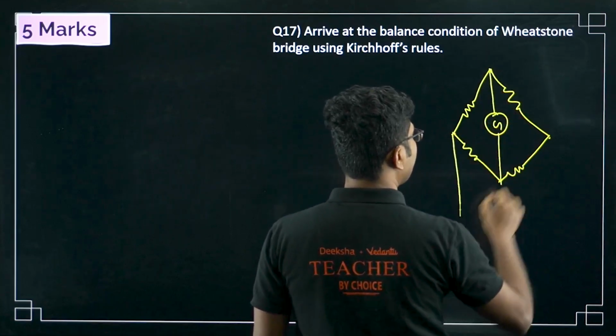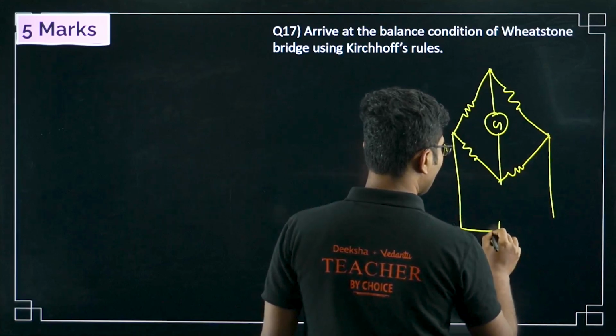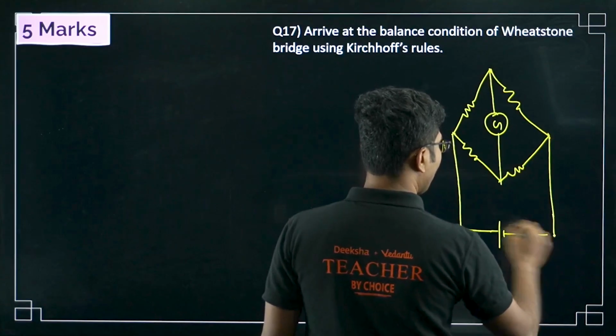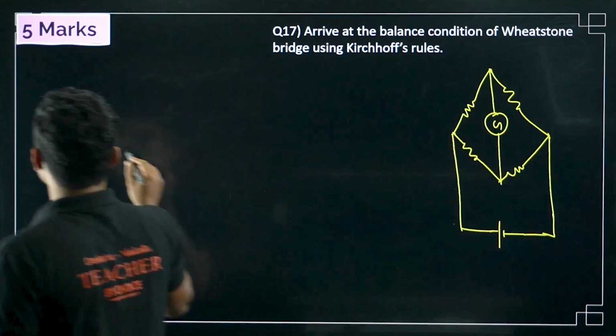Now what you have to remember is that in case of balanced condition, there is no current passing through the galvanometer. So no current passing through the galvanometer at balanced condition.